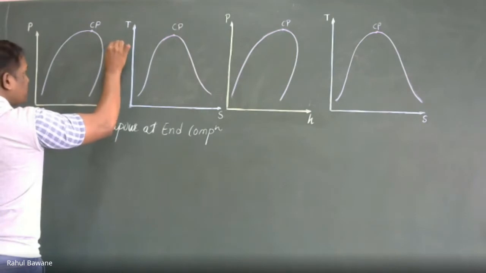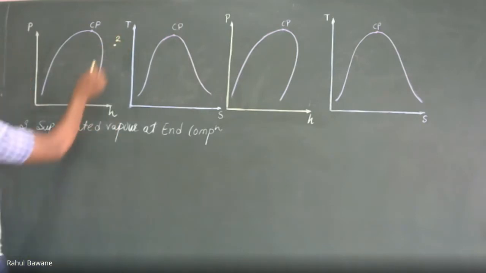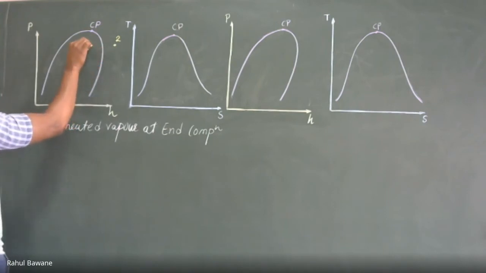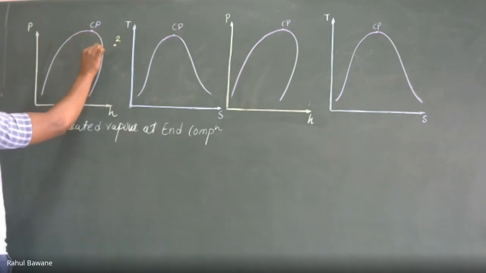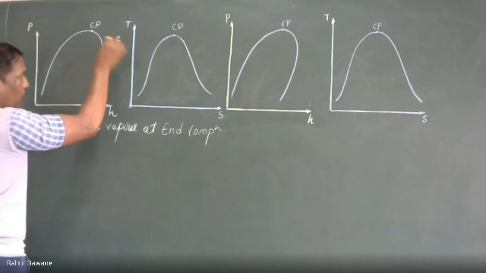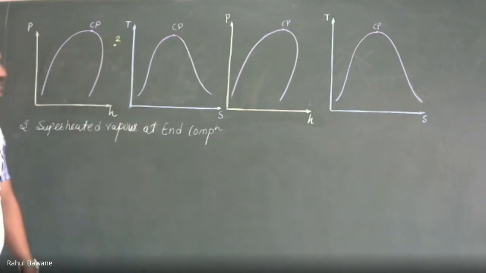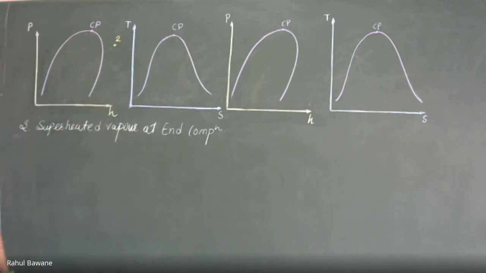Suppose this is the superheated zone, this is point 2. If point 2 lies inside the dome, it is the wet zone. If it lies on this curve, it is dry saturated vapor. If it lies beyond this curve, it is the superheated zone. So after compression, it reaches the superheated condition.